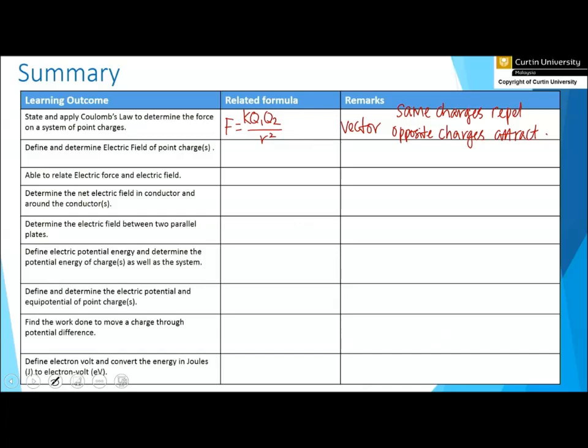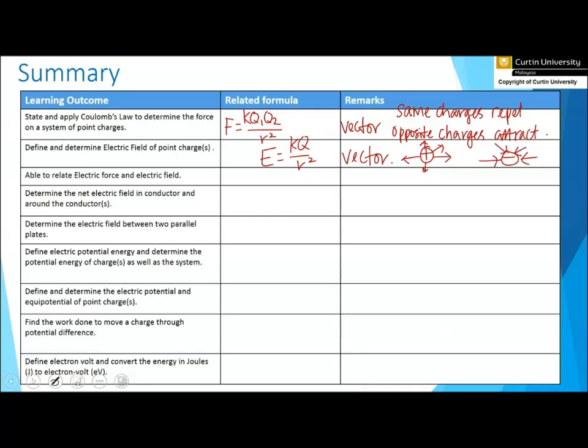Determine and define electric field. Electric field is E equals KQ divided by R squared. It's again a vector. So how do we determine the direction? Electric field for a positive charge always goes radially outwards, and for a negative charge, radially inward.